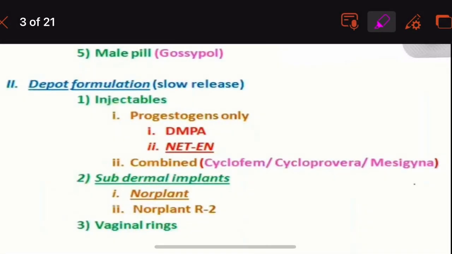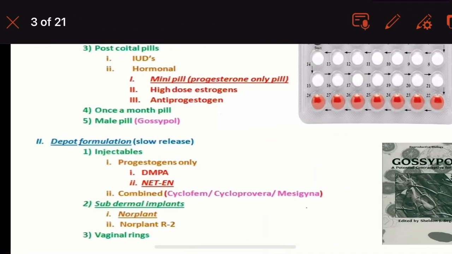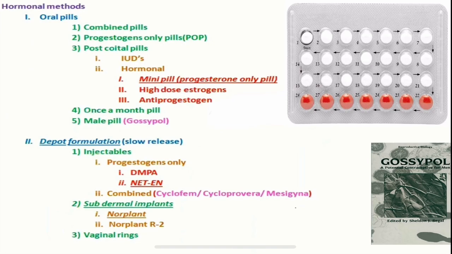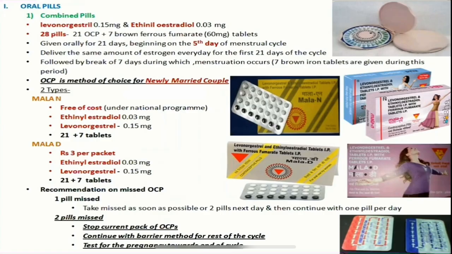So clear. Now moving on. So the classification, I hope it's very clear. 2 broad headings: oral pill, depot formulation. Under oral pill, 5 things: combined, progestogen only, post-coital, once a month, male pill. Depot: injectable, subcutaneous implant, vaginal rings.